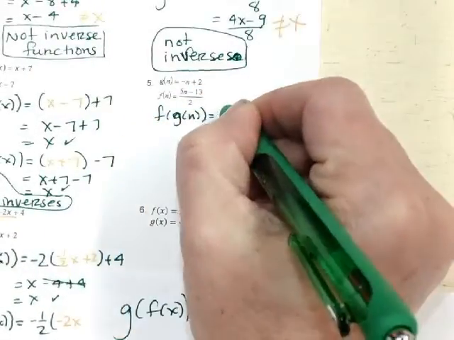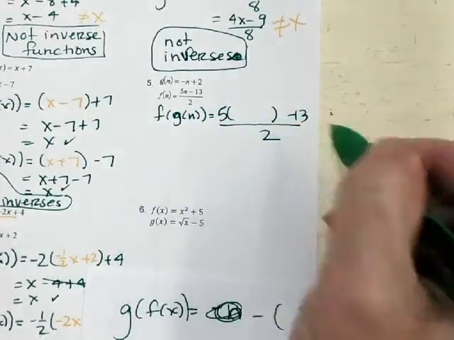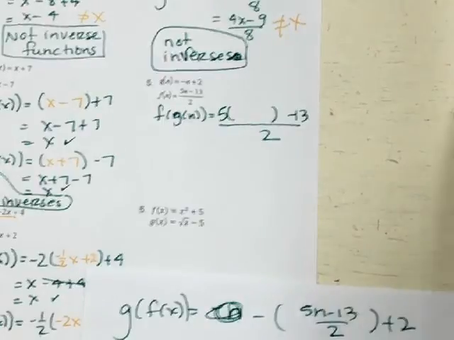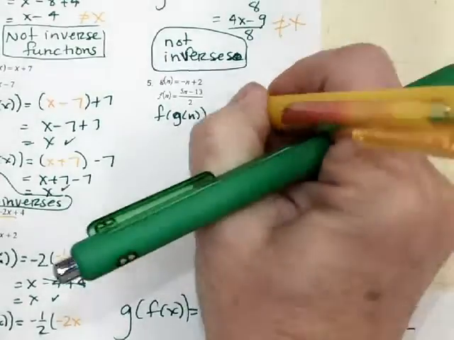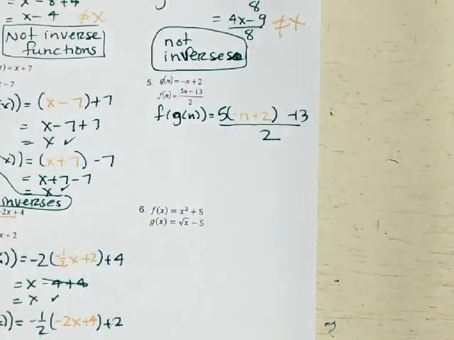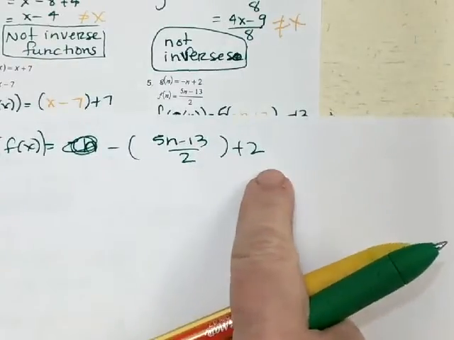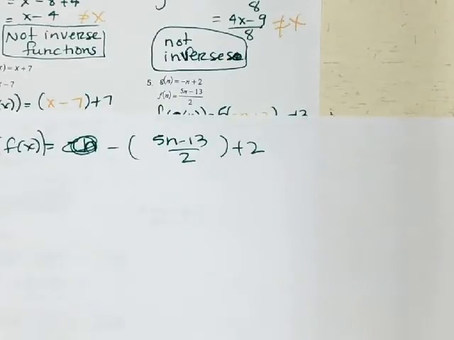And that just gives me 5n minus 13 over 2, and then I'm plugging in the negative n plus 2. That's a lot easier to deal with, because you've got one fraction to simplify instead of trying to add a fraction to a whole number and then simplify that.